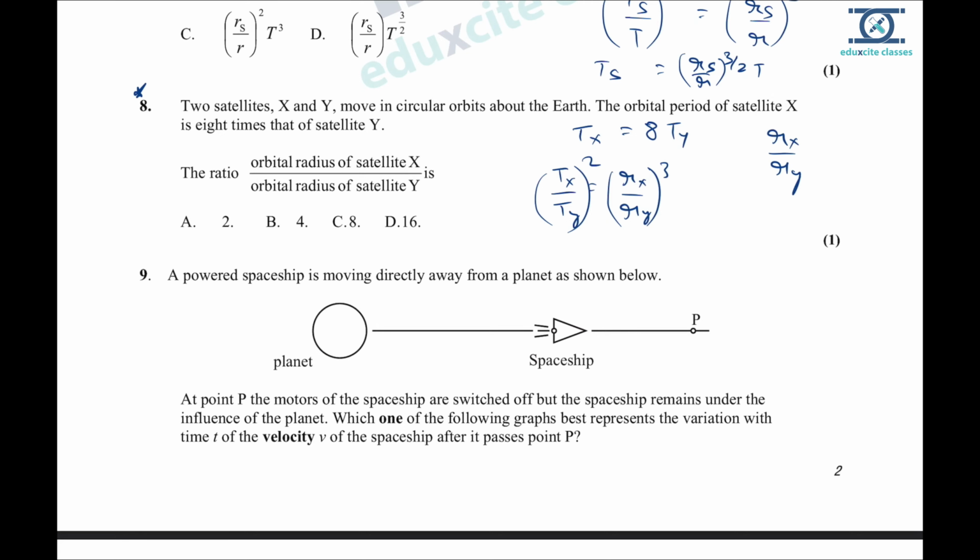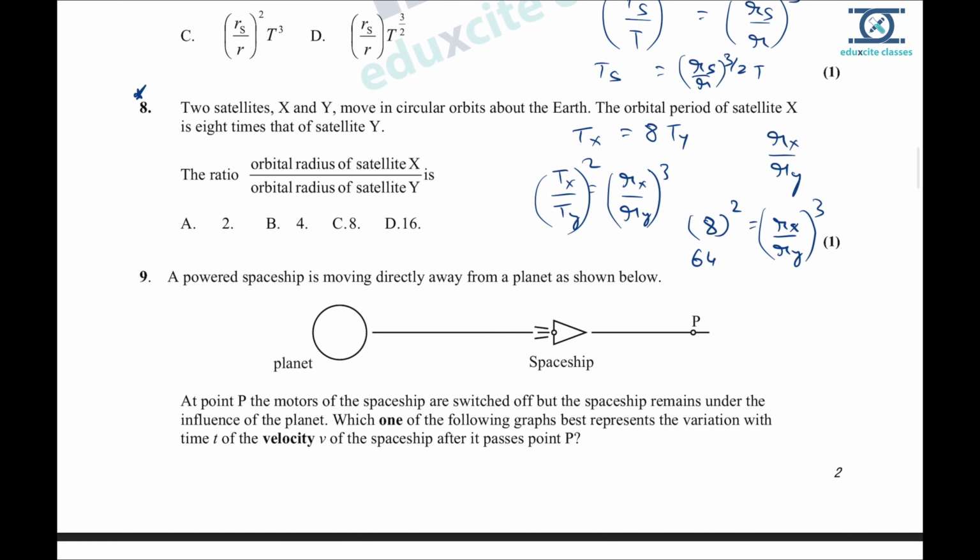So Tx upon Ty is already 8, so Rx upon Ry will be, here it is 3, so you can take 8 squared, which is 64, and 64 to the power 1 by 3 is nothing but 4. So the ratio is 4:1, that is option B.